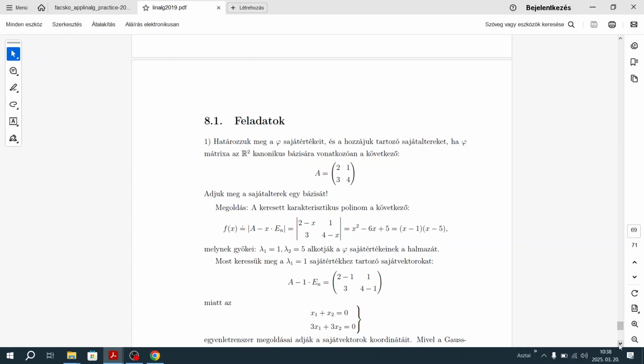You are looking for a vector which is the same, and if you do not consider a number, we are here in 2 dimensions, and this number is a real number.